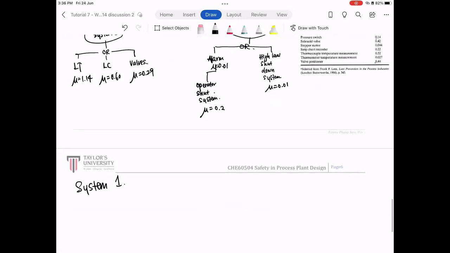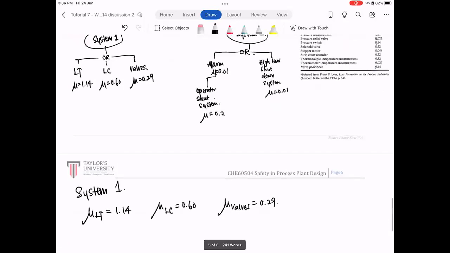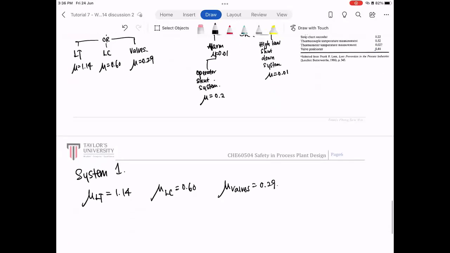Okay, so we have mu for transmitter 1.14, mu for controller 0.60, mu for valves 0.29. So again, we want to translate this because it's an OR gate, meaning anything fails here, the whole system will fail. So we want to look at the reliability, remember just now when we talked about reliability is exponential minus mu t.